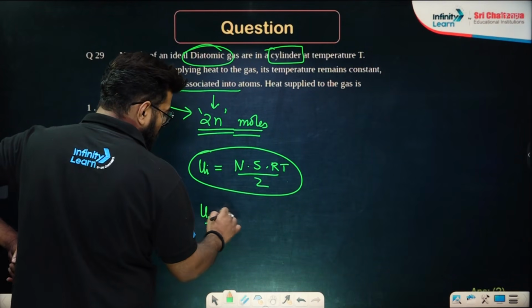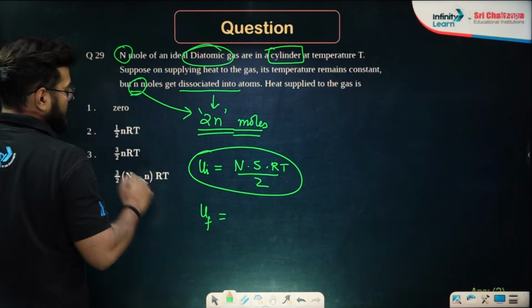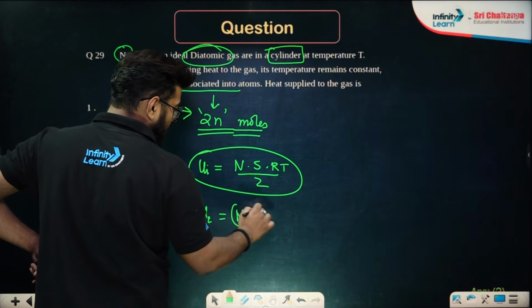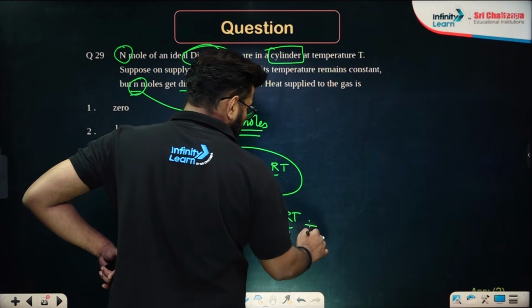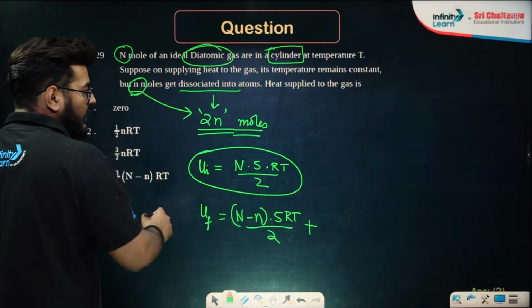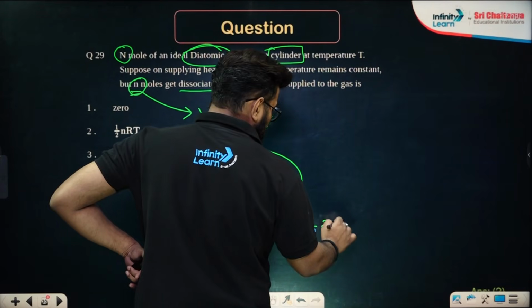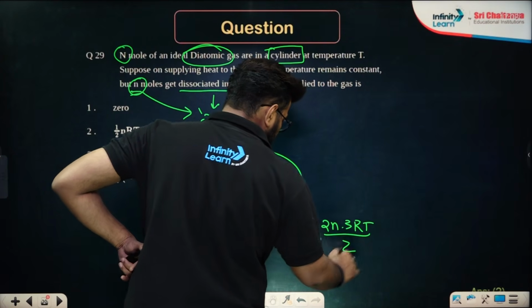And final will be equal to how much? Now the number of moles capital N minus small n will still be diatomic, 5RT by 2. And how many have dissociated? Small n moles have dissociated into monoatomic. So there are now 2n moles, degree of freedom is 3 for monoatomic, by 2.